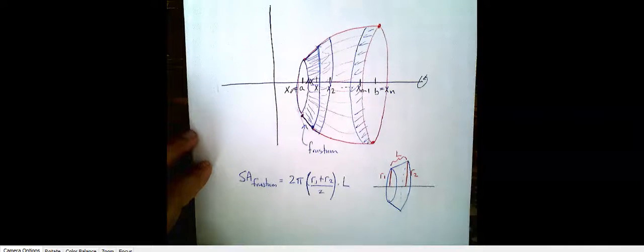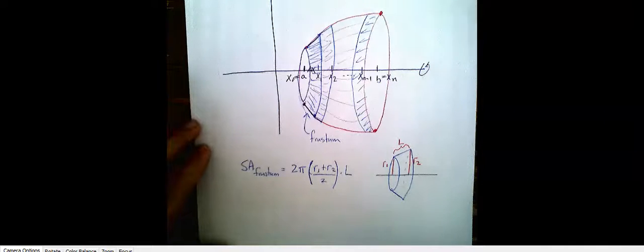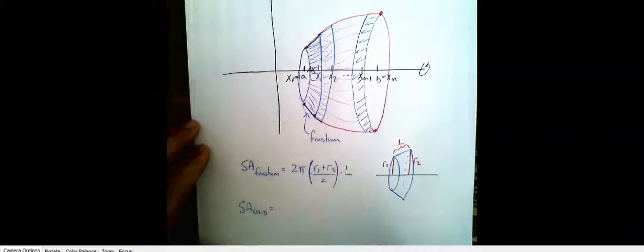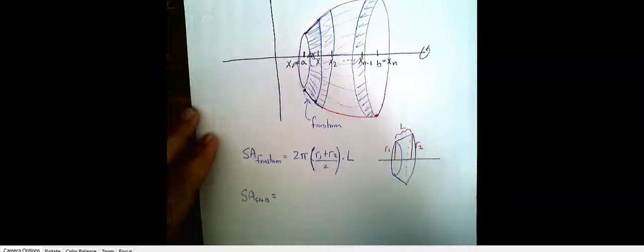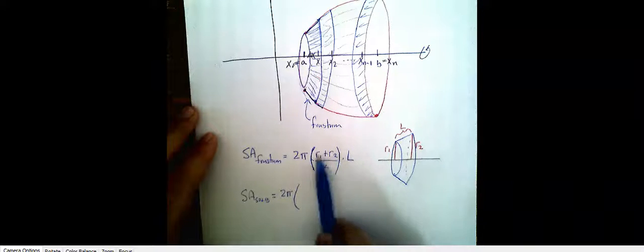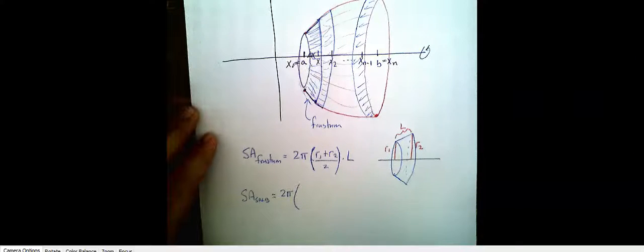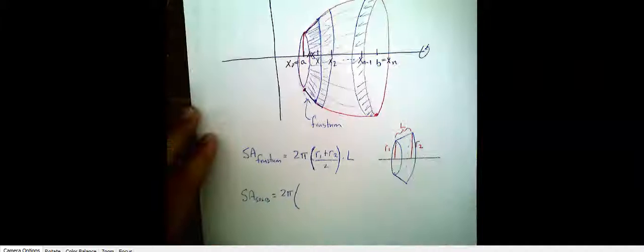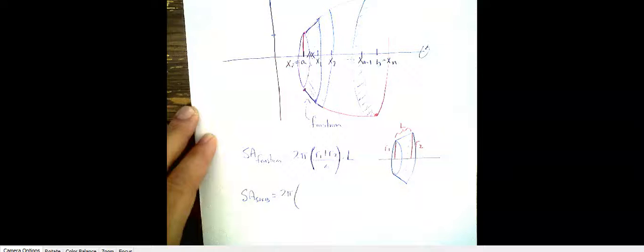So what we're going to do is just add up all the surface areas of all of these frustums from our diagram above, right? So the surface area of the solid is equal to 2 pi times, now let's think about how we get these guys here, okay? So note that the R1 value, that would be here on our graph, is simply the functional value at that particular point, right?